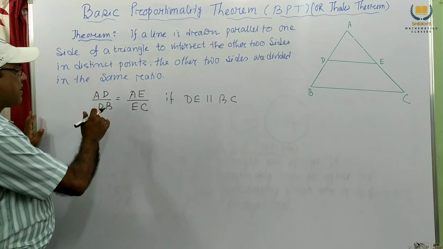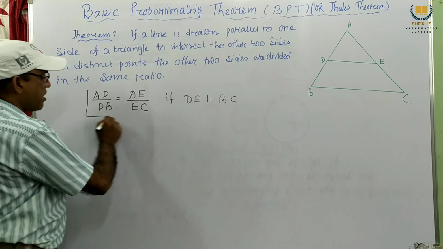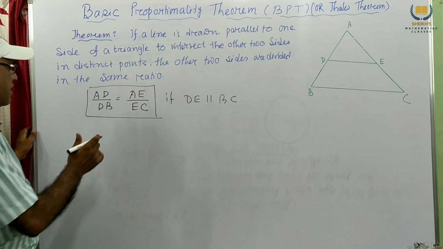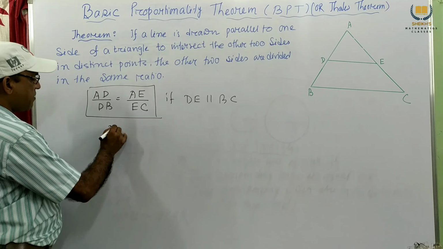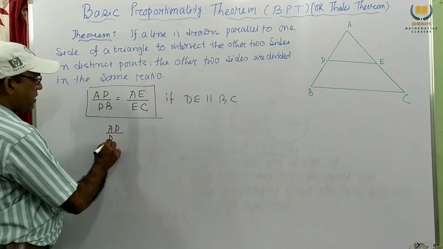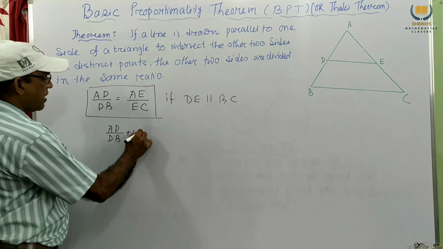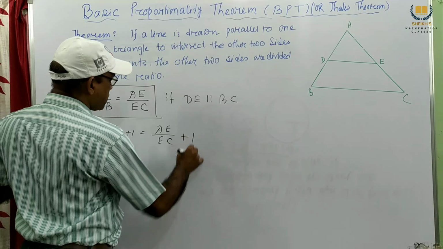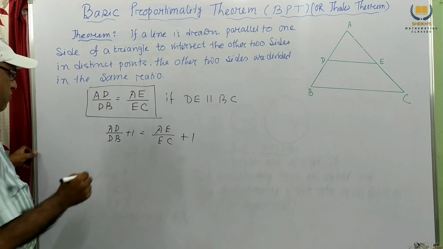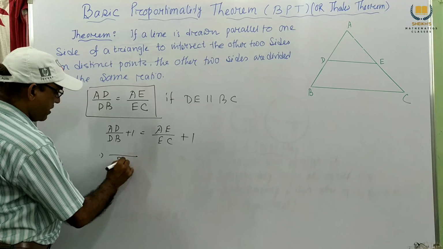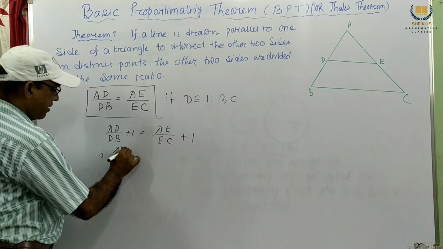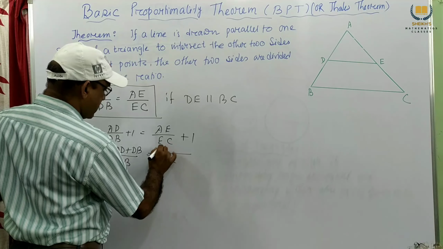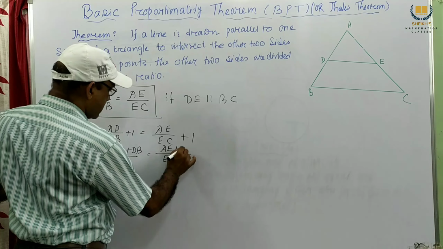This is our main theorem, you have to learn this by heart, and the proof is given in your textbook, I have just written the formula. So if we add 1 to both sides, AD by DB plus 1, AE by EC plus 1, taking LCM DB, then AD plus DB, and here also taking LCM EC, AE plus EC.